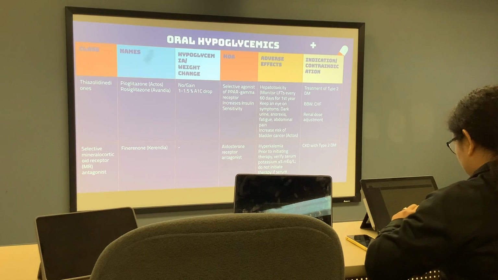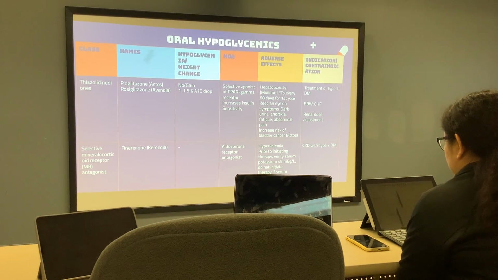It also increases the risk of bladder cancer, specifically pioglitazone, Actos. And the black box warning is congestive heart failure, so it's contraindicated, not recommended for patients who have congestive heart failure. This medication is also excreted renally, so renal dose adjustment is also required.